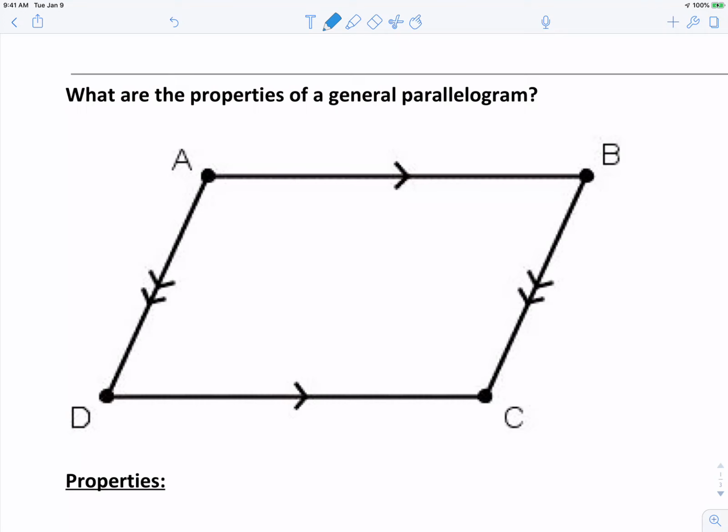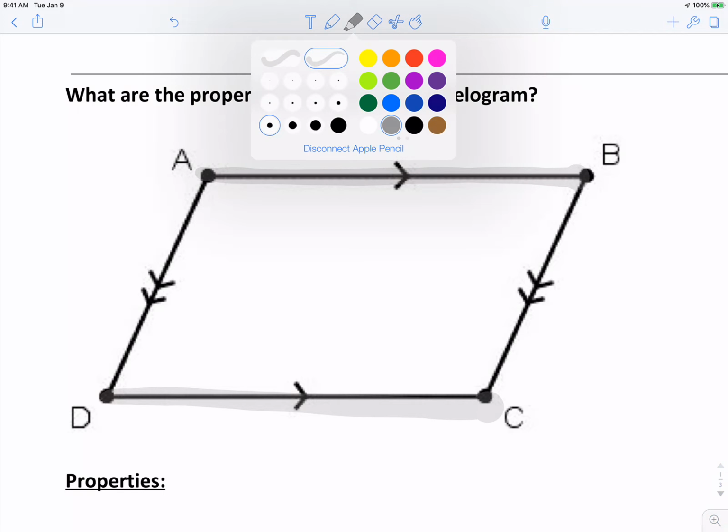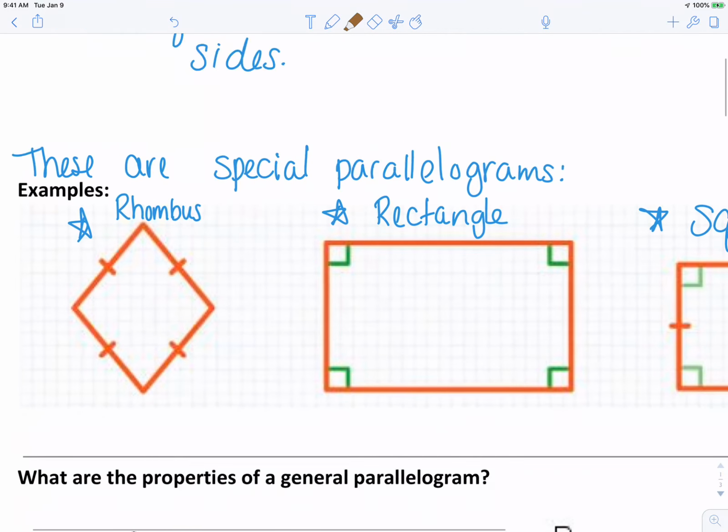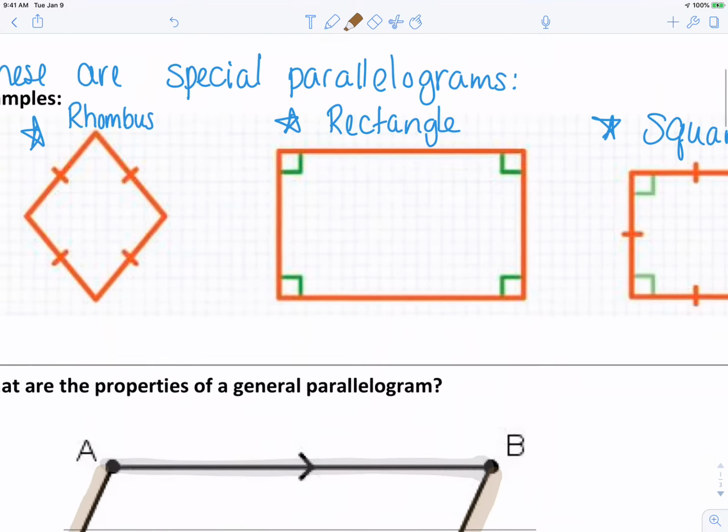If you have just a general parallelogram, meaning AB is parallel to DC, and also AD is parallel to BC. If you have just that, what properties can you find in a general parallelogram? Now, just a reminder, the definition says that parallel opposite sides.